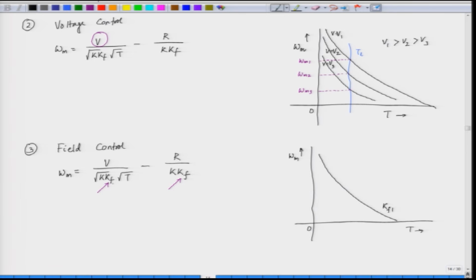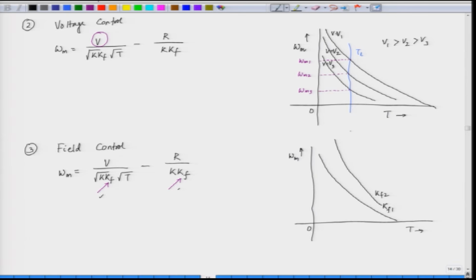Now, when we decrease this Kf, the no load speed increases and the negative term also increases. So, the speed torque characteristic will change in the following fashion. This is for Kf 2. If we further reduce the value of Kf, the no load speed will increase and the negative term will further increase.